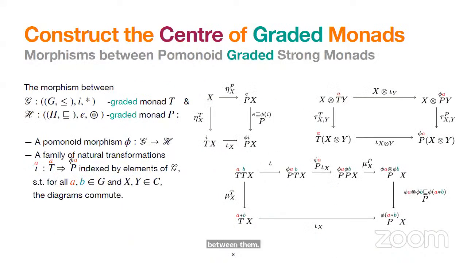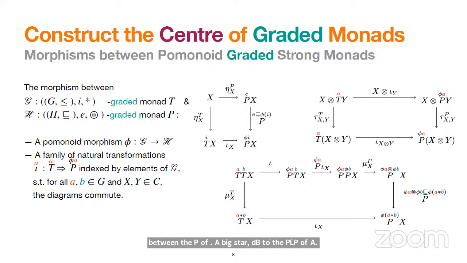Similarly, in the mu, we apply all of them. We also have this relation between the P of phi of A star B and the P of phi of A star phi of B.